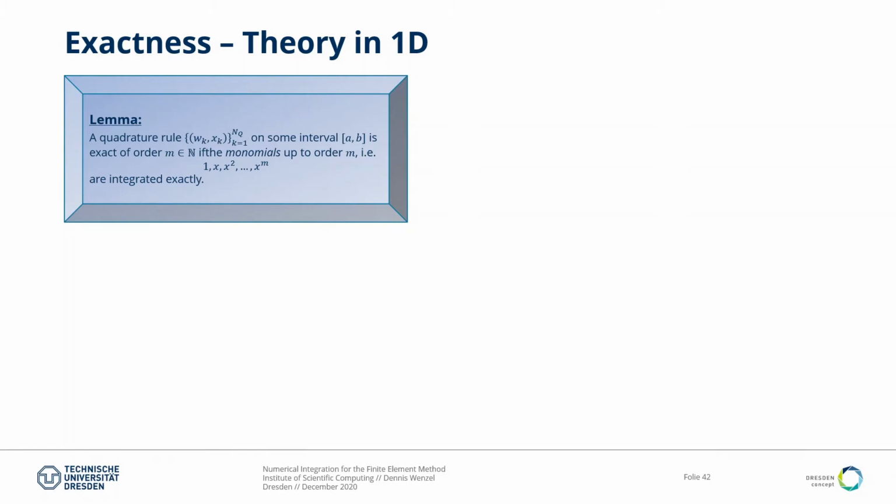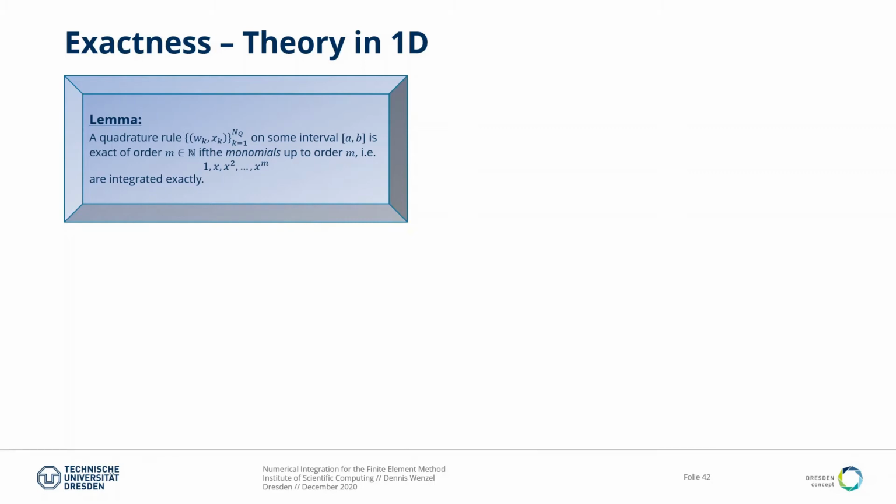I won't prove this lemma here, but in order to get an intuition for the proof, you can think back of the theorem that we discussed in a previous lecture when we talked about the global basis, where we have seen that if I want to check a certain condition on a certain space, it's sufficient to check that condition for all basis functions of that space. And that's the same thing here. Those monomials form a basis for the polynomial space of that order.